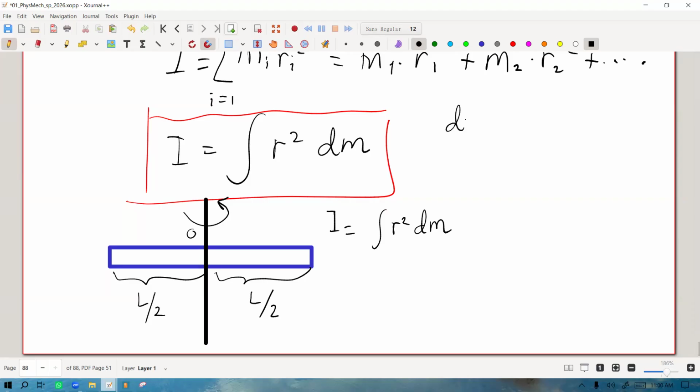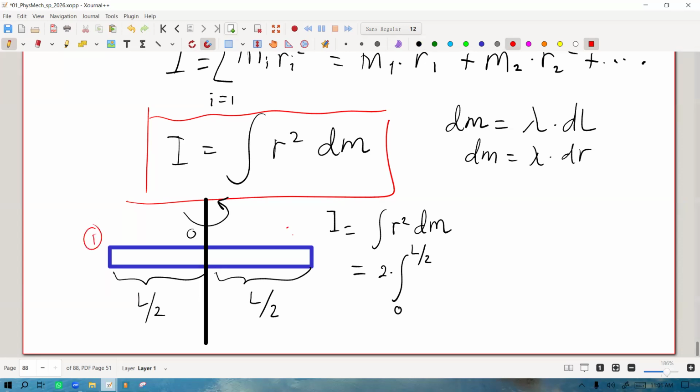We know that dm equals alpha dl, where alpha is the mass divided by length, the density of mass along the length. Or we can say dm is alpha dr. So here the integral is from 0 to L divided by 2, times 2. Why do we multiply by 2? Since there are two sides, the first side and the second side. That's why we multiply by 2.